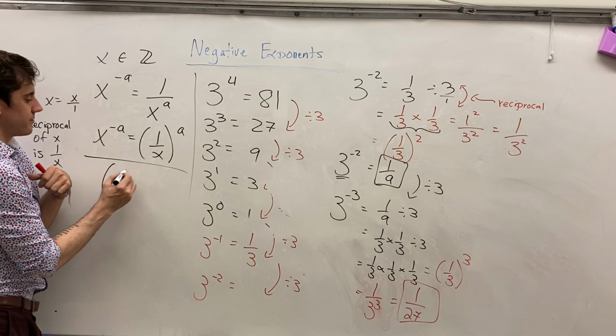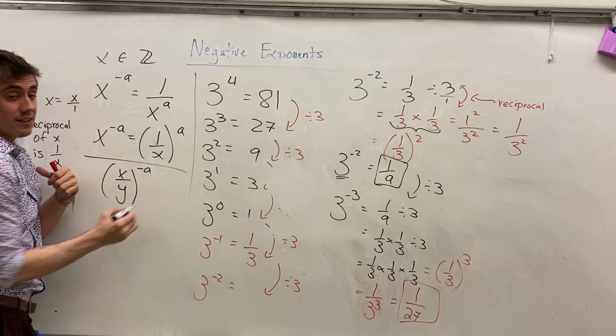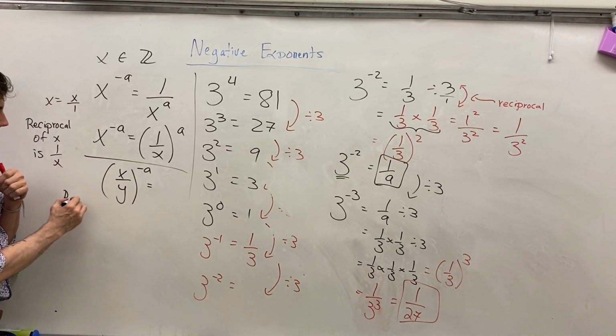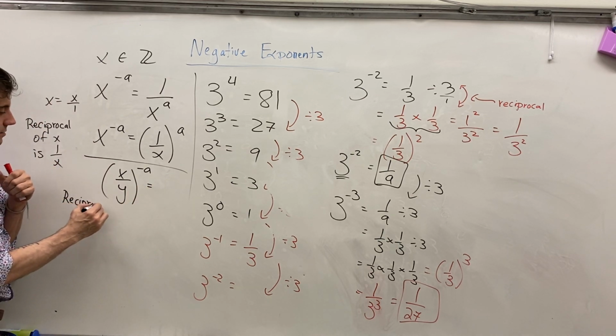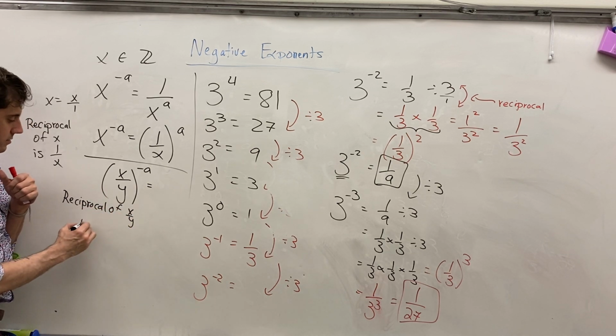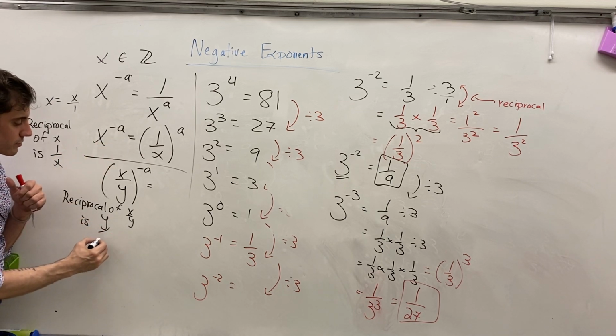Let's say we have x over y to the power of negative a. Then again, the reciprocal of x over y, let's write that explicitly, we flip the fraction, we flip the rational number, is y over x.